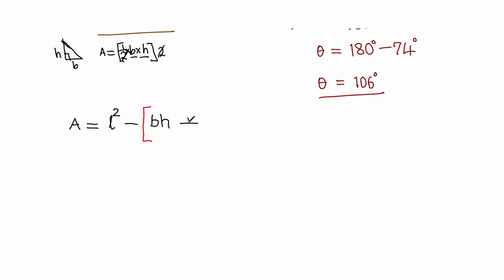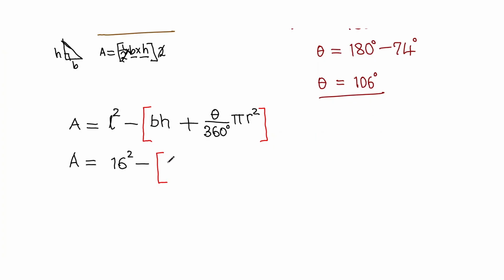Now we have to add it to the area of the sector, and the area of the sector is gotten by theta over the centre degrees 360, and we multiply by the value of pi, and we multiply by the radius square. Let's close this bracket and we move on to make substitution. Therefore, our A is the same as the length is 16, so we square 16 minus, let's maintain the same bracket here, and we substitute the base.